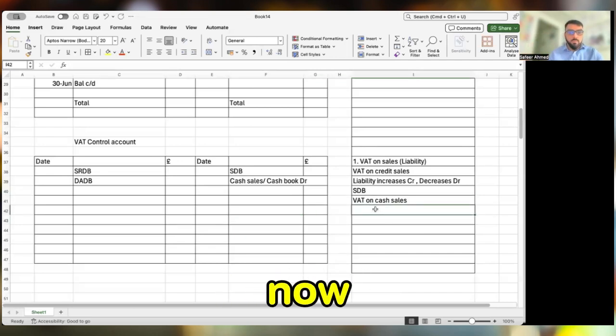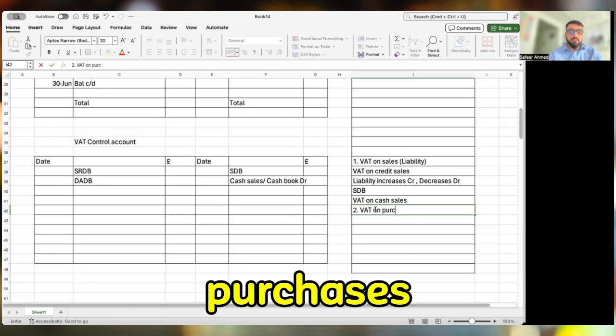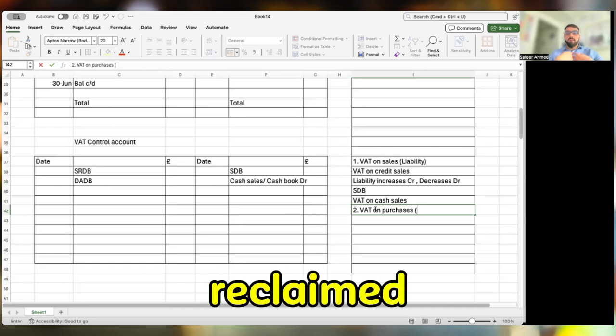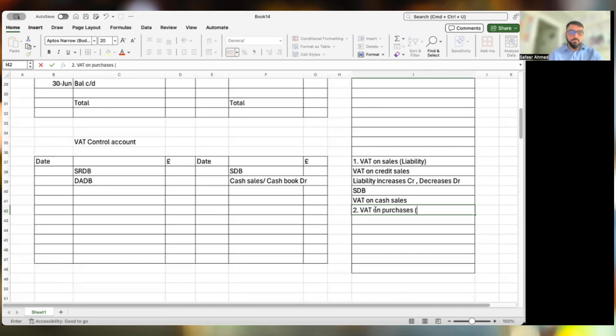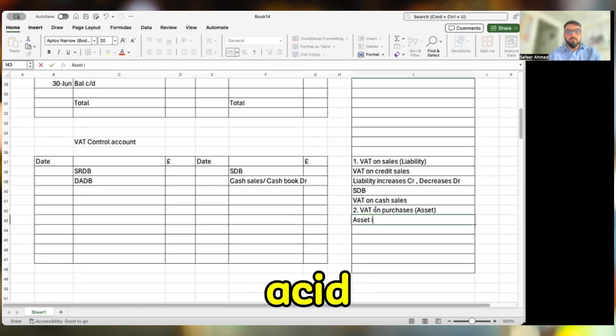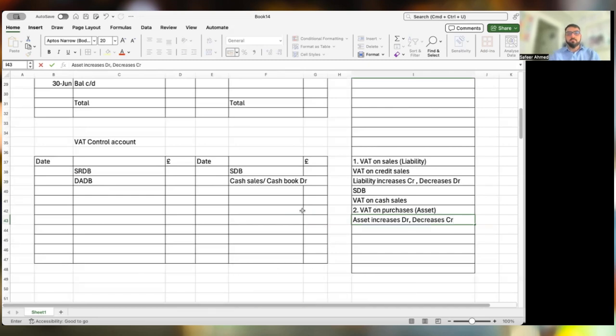Okay, now the second thing, which is VAT on purchases. And as we know that this is an asset for the business because it can be reclaimed from HMRC. Remember the double entry rule in relation to assets. So we know asset increases debit, decreases credit.